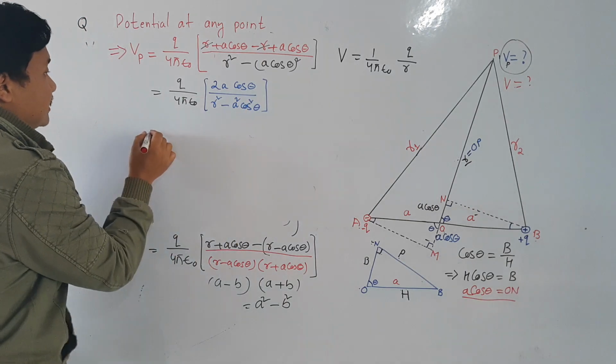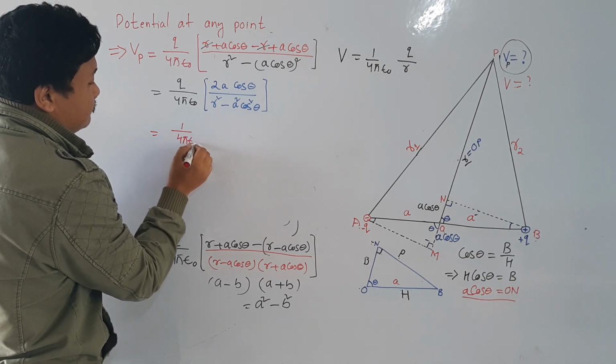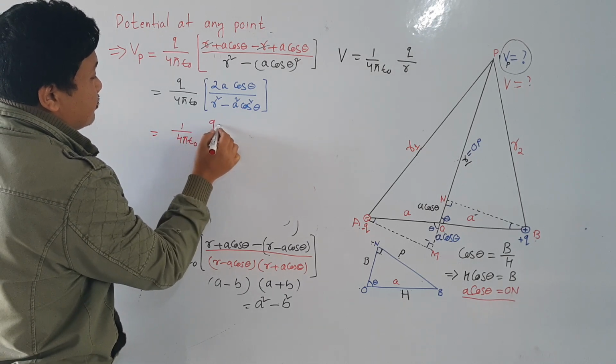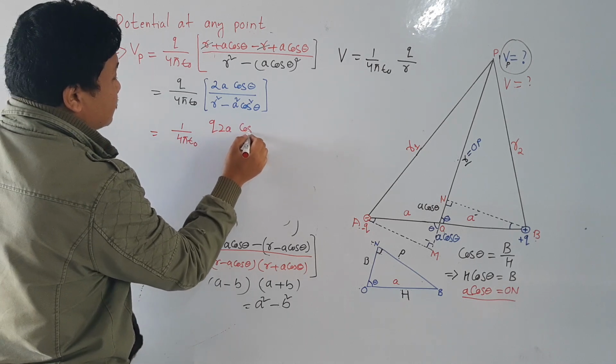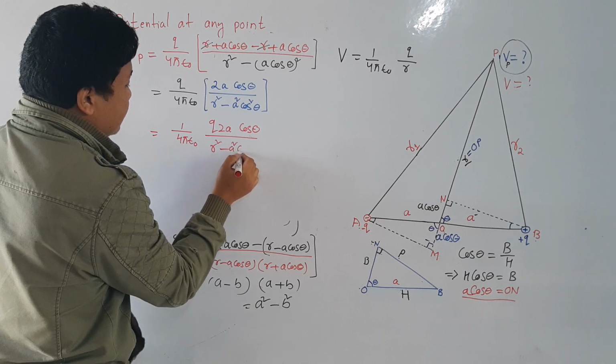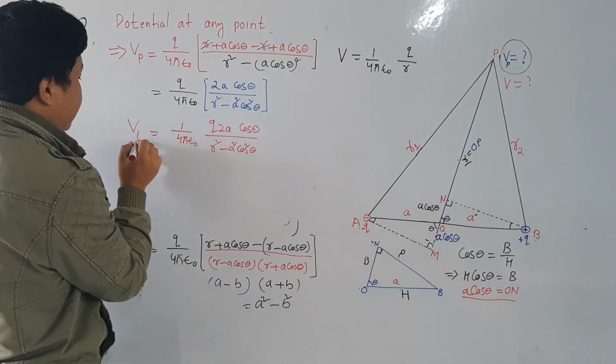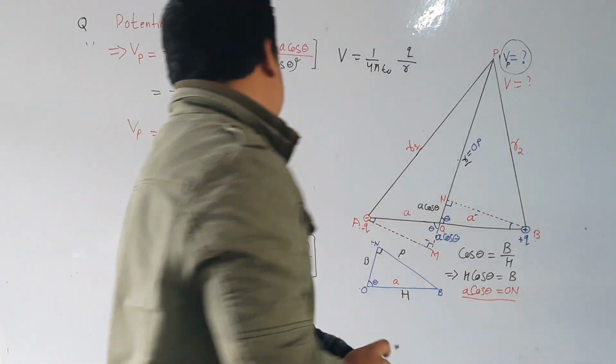Okay, now it has become very easy. So I will take 1 by 4 pi epsilon naught, then this is q 2a cos of theta divided by r square minus a square cos square theta. So this is V at P.